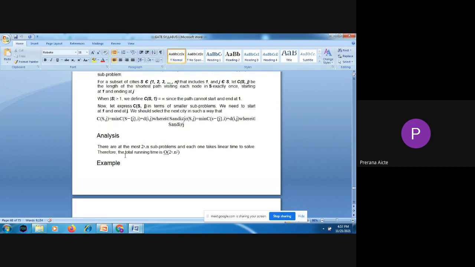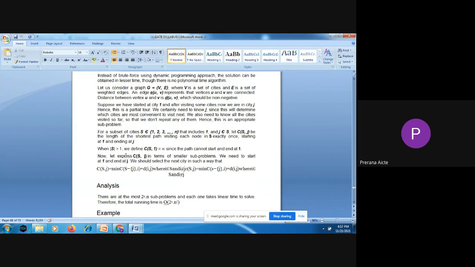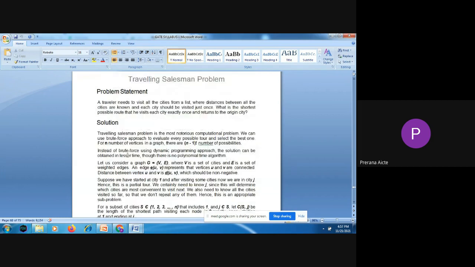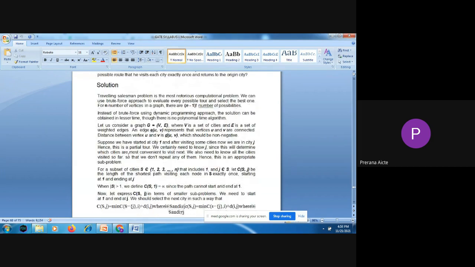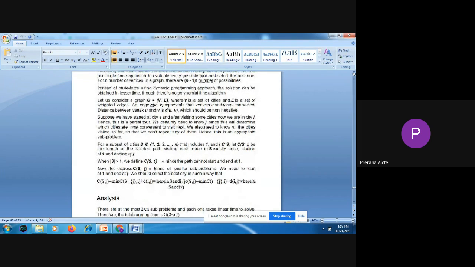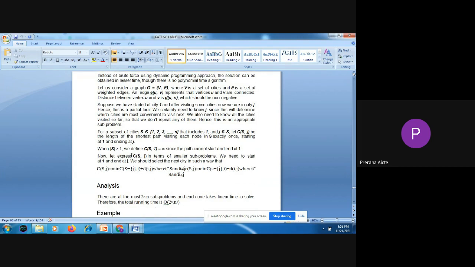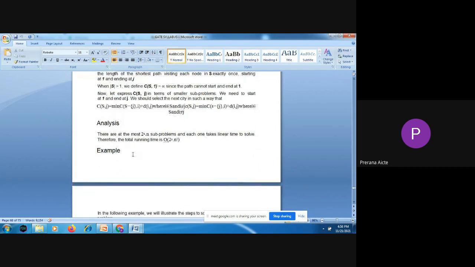సో ఫార్ములా ఇస్ దేర్ ఫర్ దట్. ఫార్ములా యూజ్ చేయకపోయినా మనం డైరెక్ట్ గా గ్రాఫ్ ని చూసి కూడా చెప్పేయచ్చు వాట్ ఈస్ ద షార్టెస్ట్ కాస్ట్ టు గో ఫ్రమ్ స్టార్టింగ్ వర్టెక్స్ అండ్ అగైన్ going through all the vertices and coming back to the starting vertex. So its time complexity is order of n square into 2 power n.